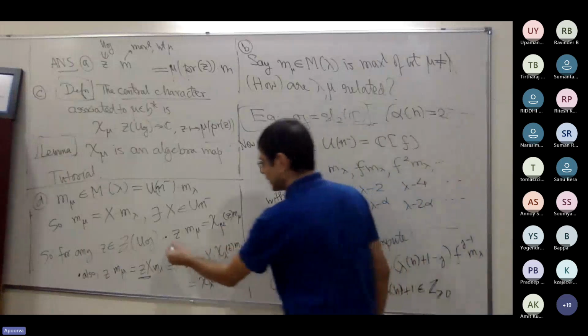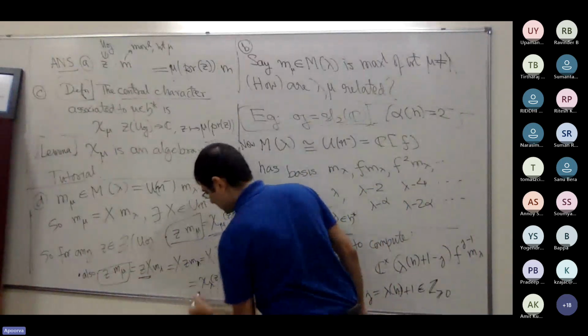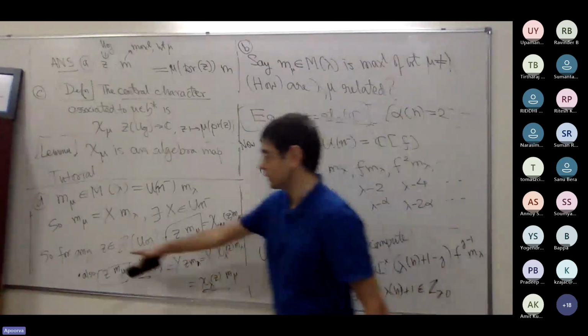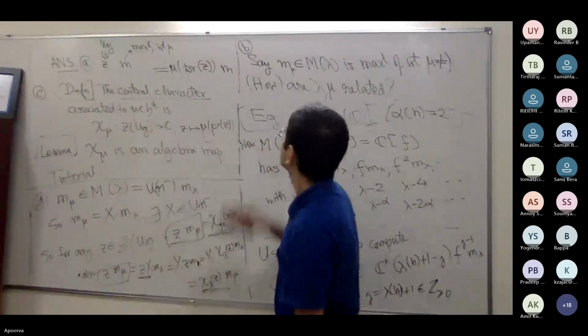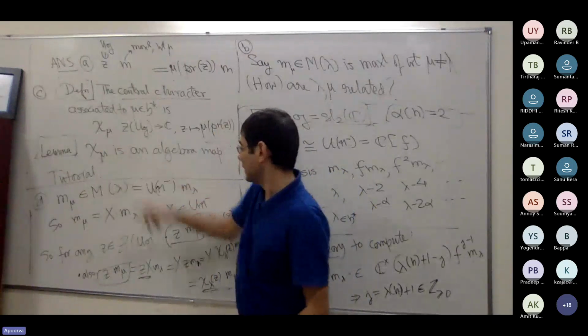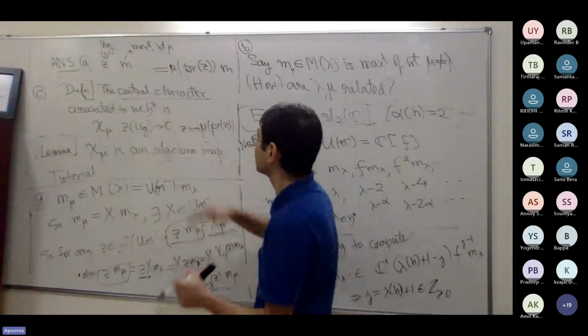So on the one hand, Z times mu is equal to this. On the other hand, Z times mu, the same thing, is equal to this. And this is true for every element of the center. So what does that tell us? It tells us that these two algebra maps, chi mu and chi lambda, are exactly the same map from the center to the scalars.